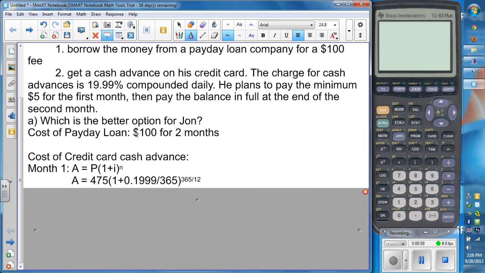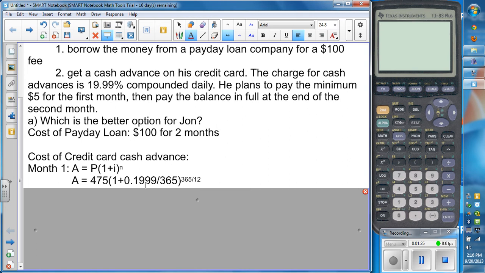We can do this in two ways. We can punch numbers into our calculator using our formula, or we can use our TI calculator to do the calculation for us. So, the cost of the credit card cash advance, month 1. Using our formula, A would be our future value, our total cost after 1 month, is equal to our principal, $475, times 1 plus our interest rate.